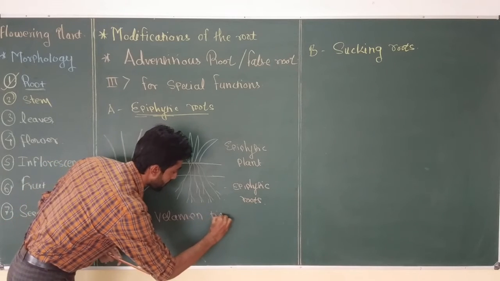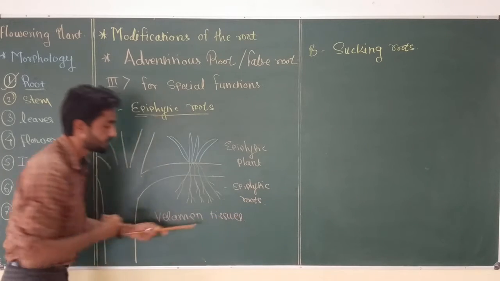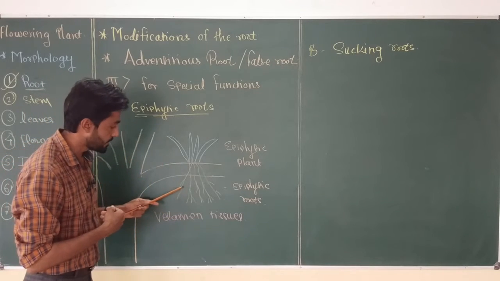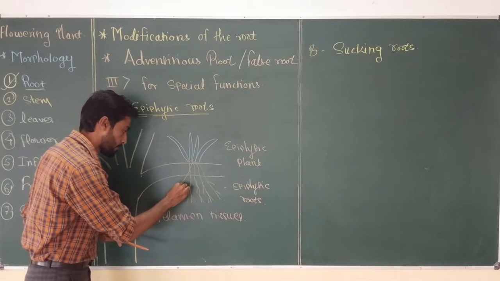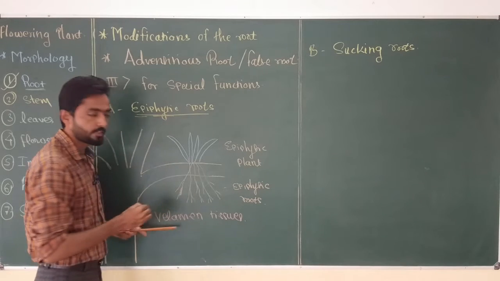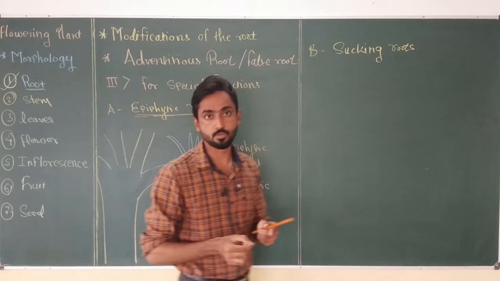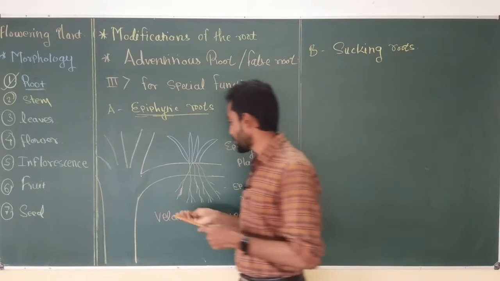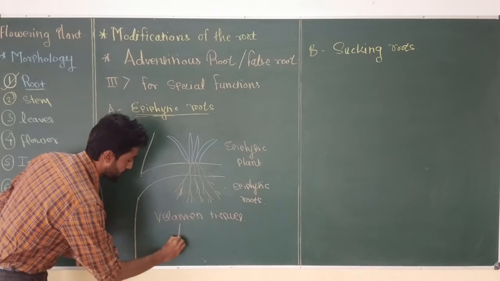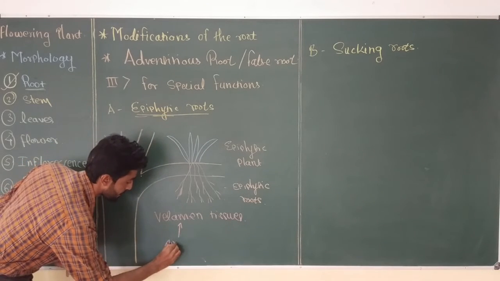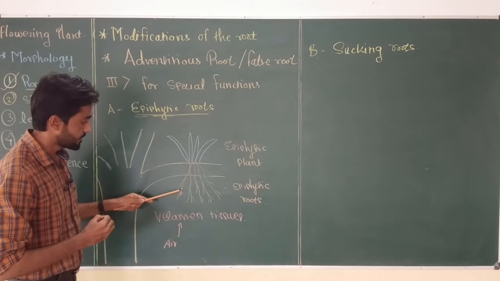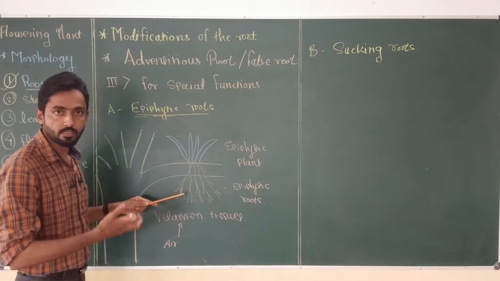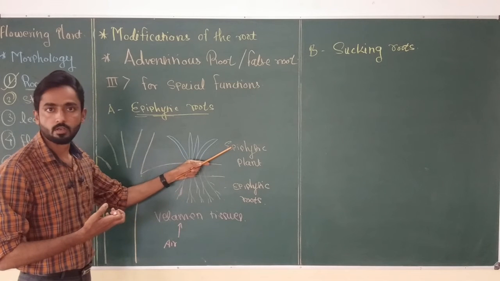That means these tissues or cells are present outside the cortical region in this root. And these velamen tissues are hygroscopic tissues which have the ability to directly absorb water or moisture from the air, and due to this these roots can directly absorb moisture from the atmosphere and make it available for the leaves.